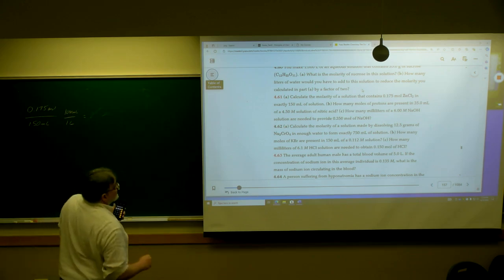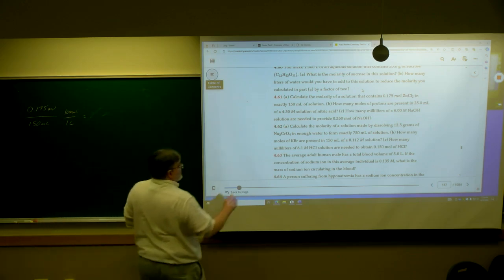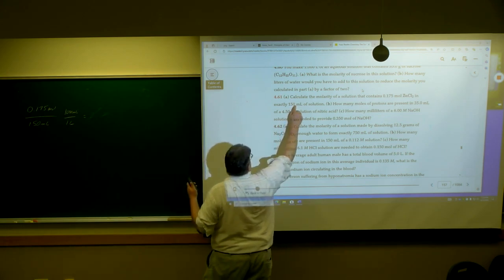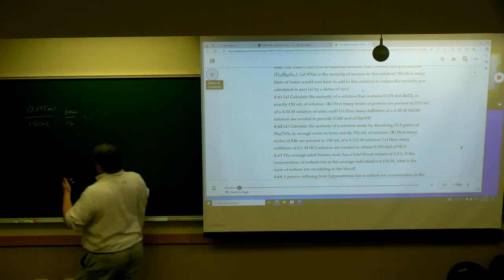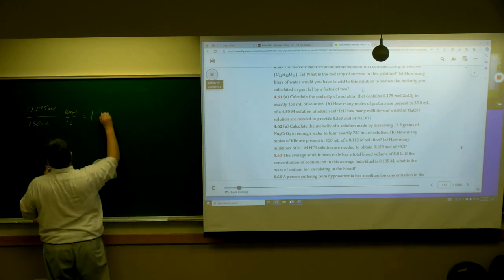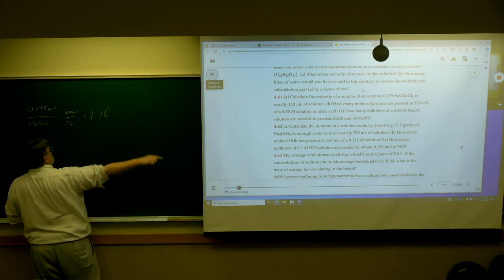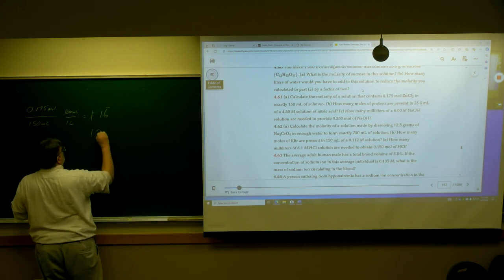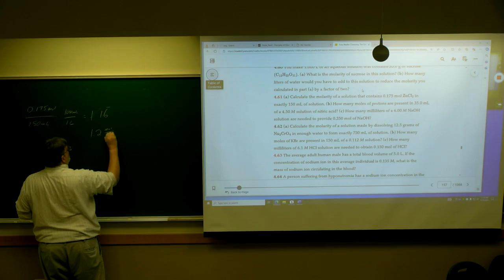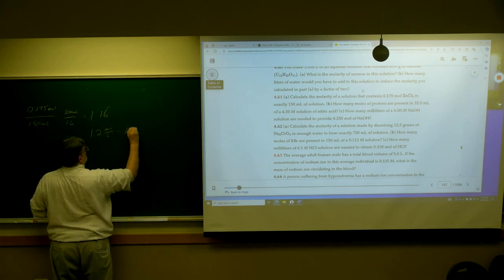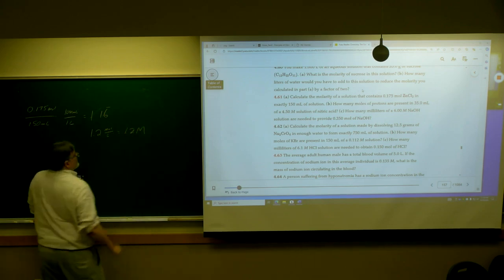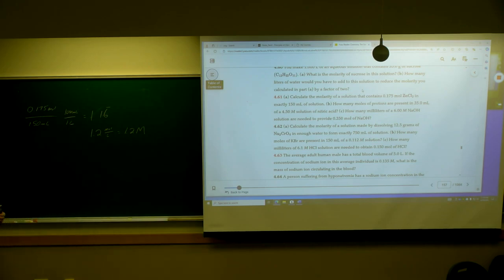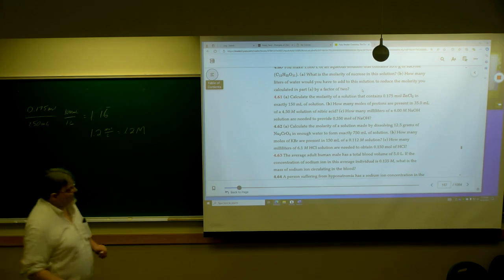I think we have to have 2 significant figures here because there's not a decimal there. The calculator says 1.16666. You could write it either way. So that's how you calculate the molarity.